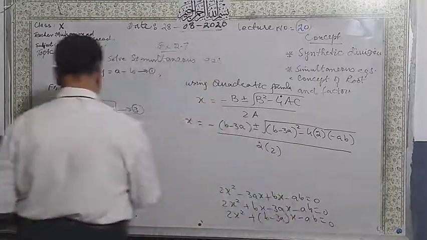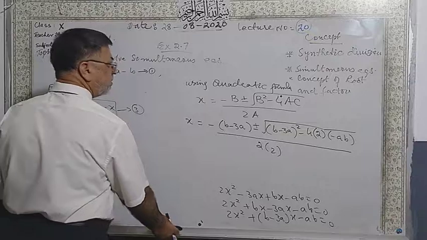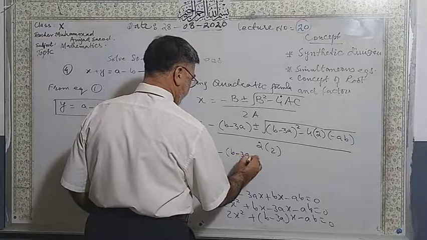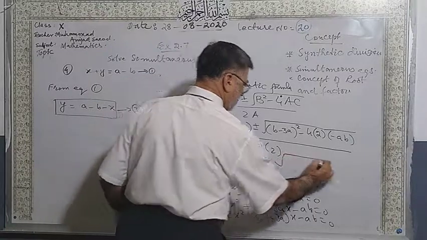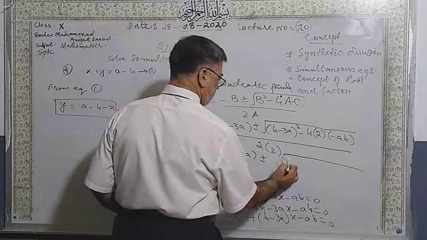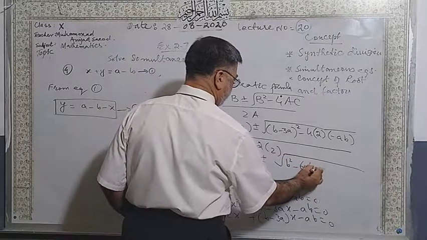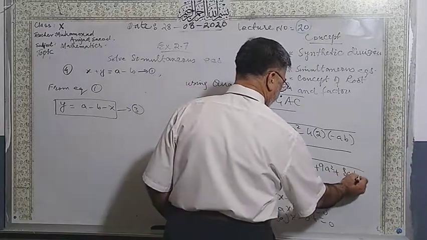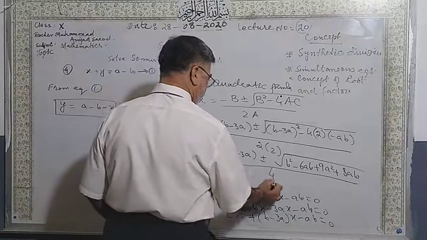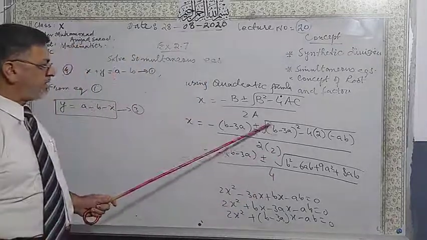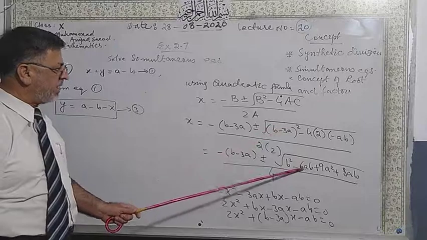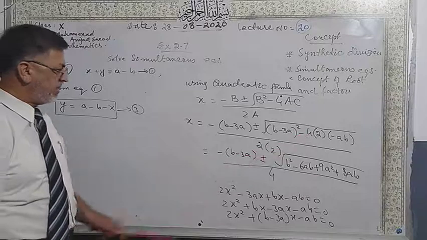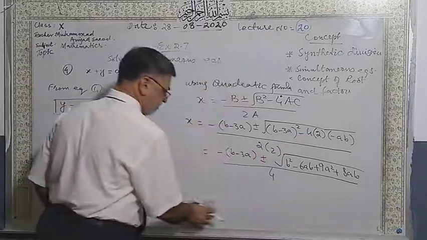After that, minus (b minus 3a) plus minus square root, open up the formula of square: b square minus 6ab plus 9a square and plus 8ab, whole divided by 4. Remember that this is first square minus 2 into first into second plus second square. Open up minus minus plus 8ab divided by 4.